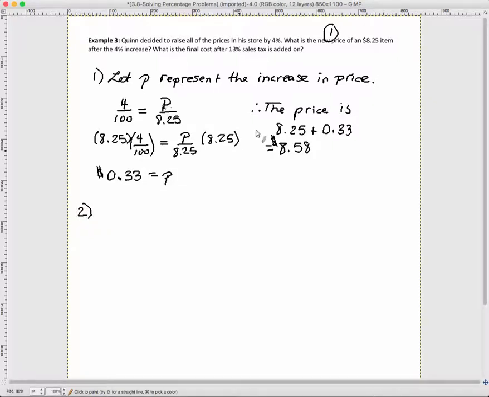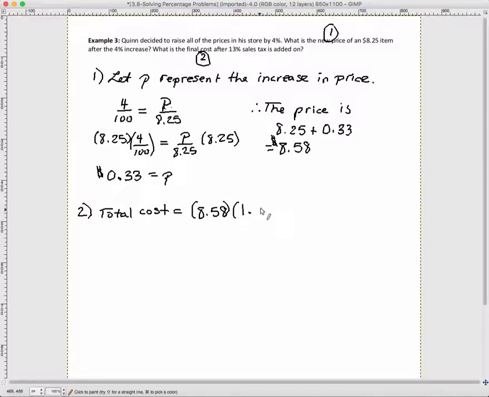The second part of the question asks us to say, what's the final cost after we increase it by 13% sales tax? So let's say that the total cost is going to be this $8.58 multiplied by the increase. So it's increasing by 13% sales tax.